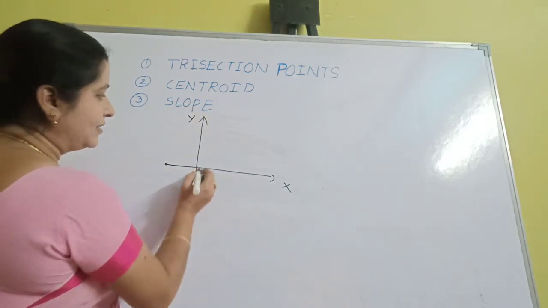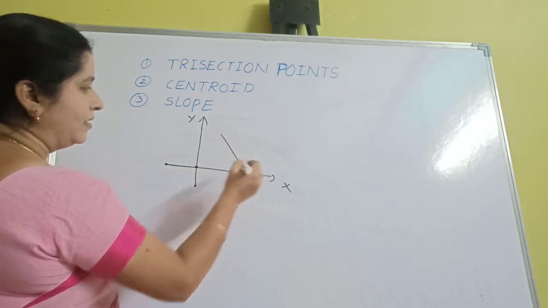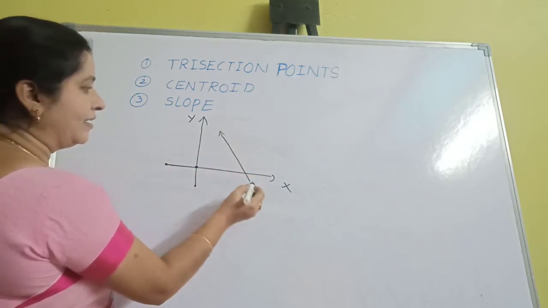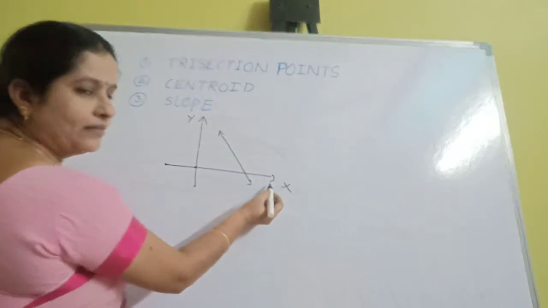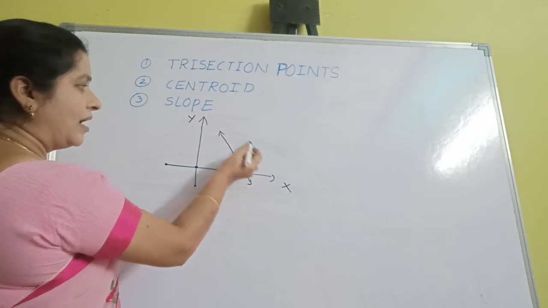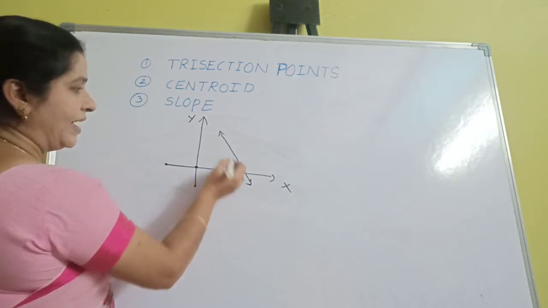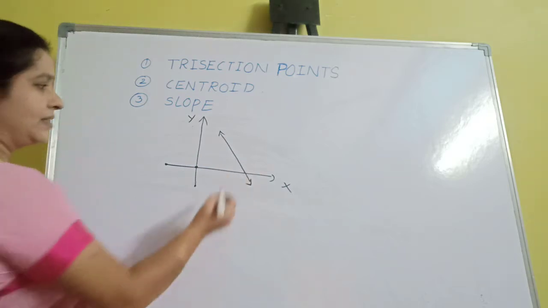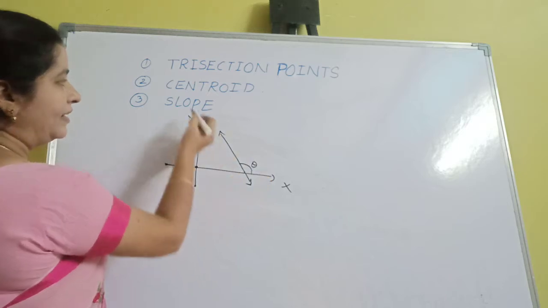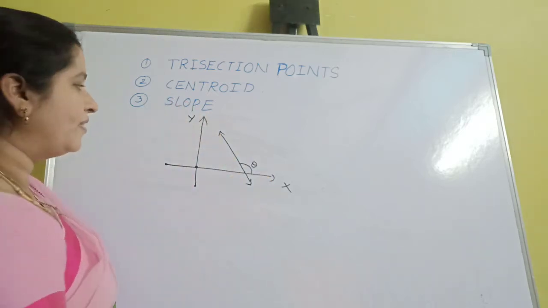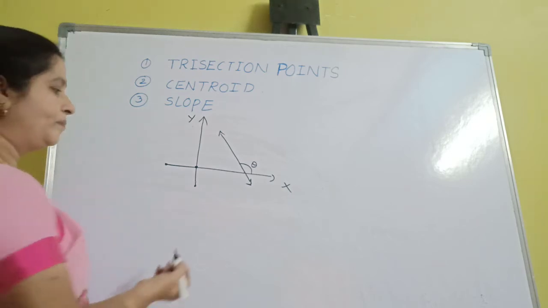Suppose a line is making an angle with the x-axis in the positive direction, then it is called the slope of a line. So what is the formula for slope here?